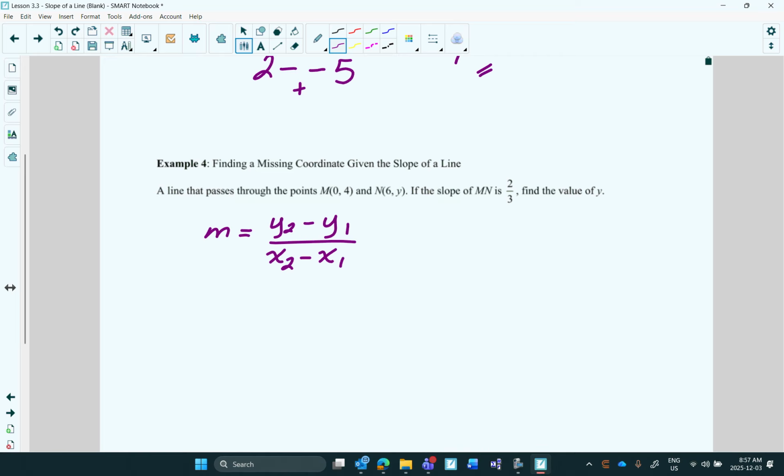Do I know the slope? Yes, it's 2/3, so we'll place m of 2/3. Do I know the second y? No, so I'm just gonna call it y, which is minus the first y, which is 4.